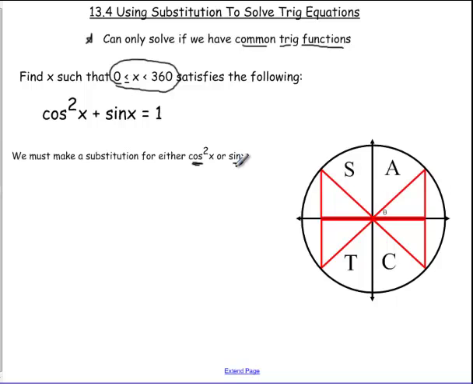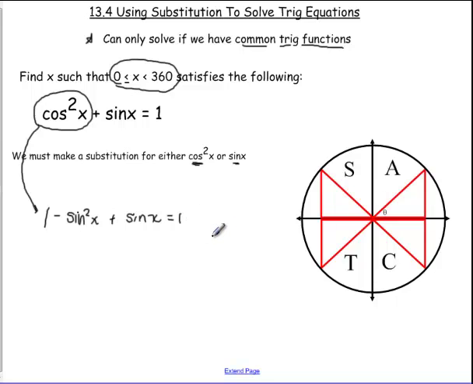But once again, going back to chapter 12, most of you are going to go, oh yeah, cosine squared, I can make a substitution. Cosine squared, I can substitute 1 minus sine squared. And look, now I have only sine in my equation, and I can solve.